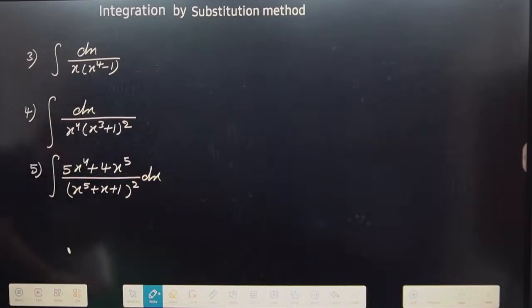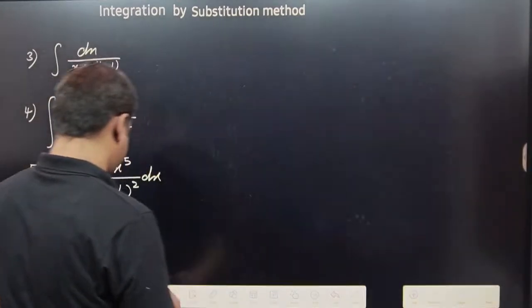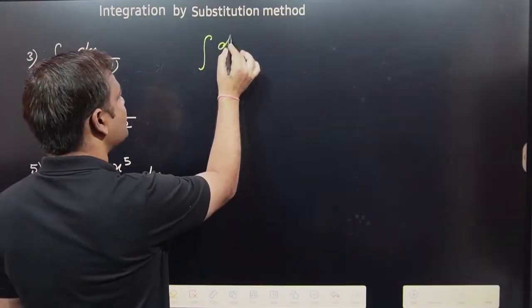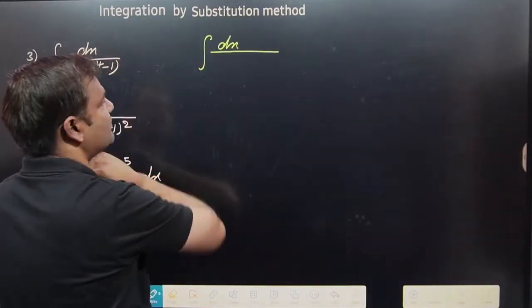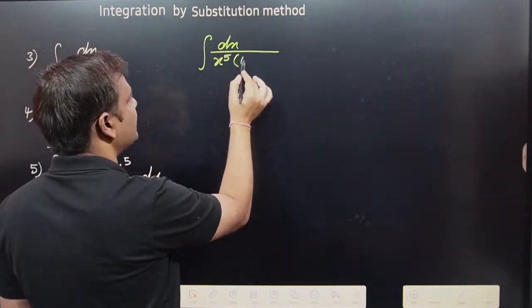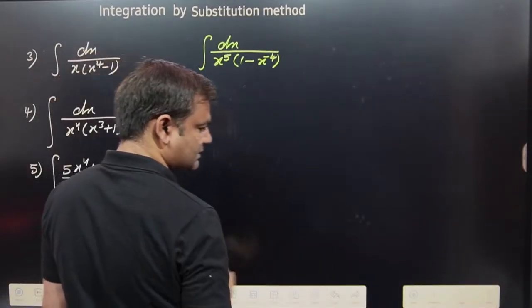Okay, how can we solve? One by one. Simply, in the first part, dx divided by x into (x to power 4 minus 1). Here x to power 4 is common, so we write the integral of dx divided by x to power 5 minus x to power minus 4 into dx.